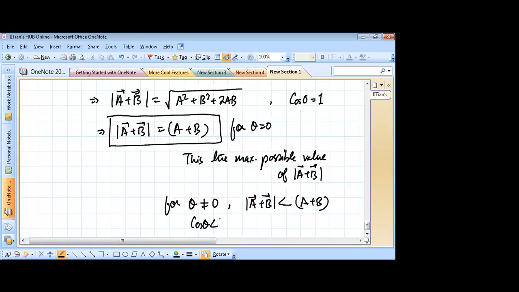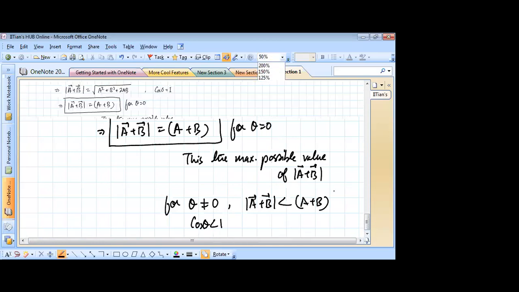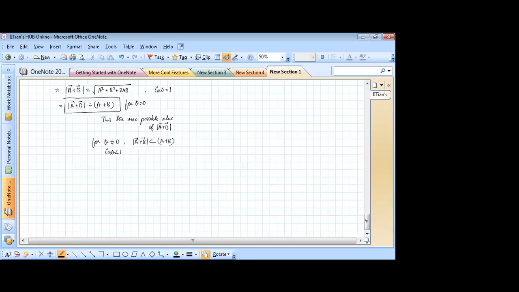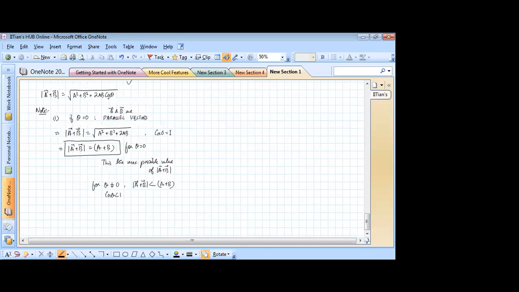Because for theta not equal to 0, cos theta will be less than 1.